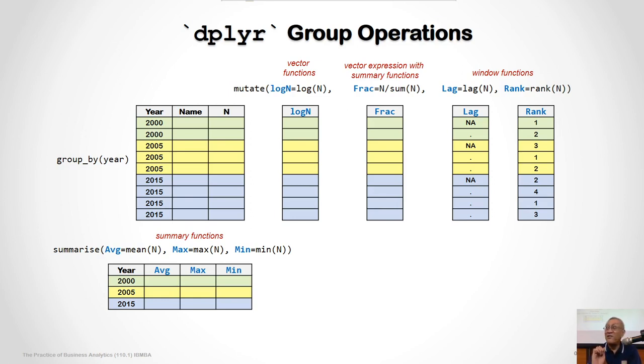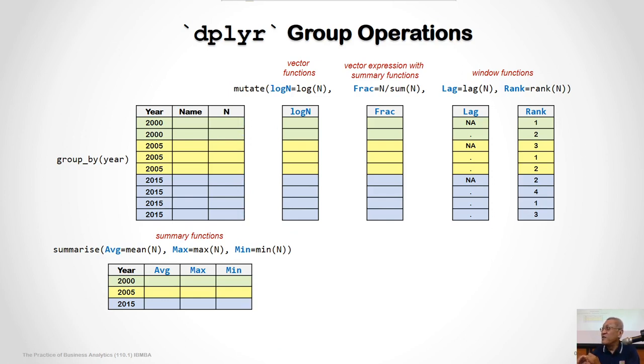When you mutate a column, if the column has to use the group summary, for example, if you want to translate this n from a count into a fraction, into a proportion, you have to do things like this, and these things have to be done year after year. If I do it on the entire vector, the sum of n will be the sum of everything. It's no longer the annual fraction.